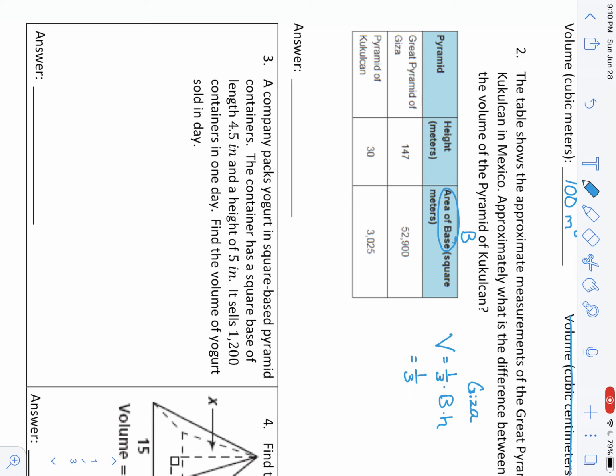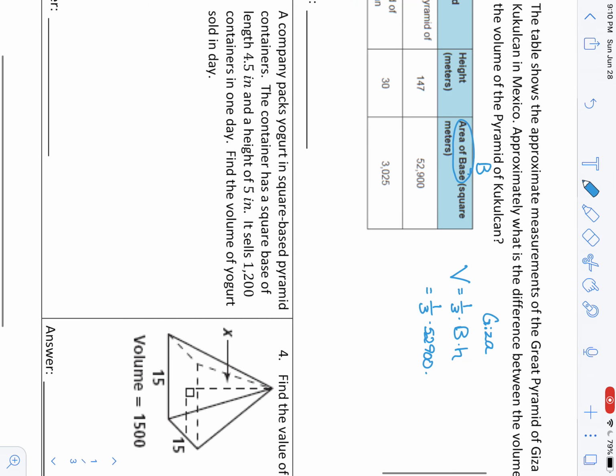Now, the Giza one, I'm pretty sure the ones in Egypt have squares at the bottom. I don't really know for sure, but it doesn't matter because I already know what to use for capital B. We're going to use that 52,900 times the height, which is told to us to be 147. So I'm going to ignore the 1/3 temporarily. 52,900 times 147.